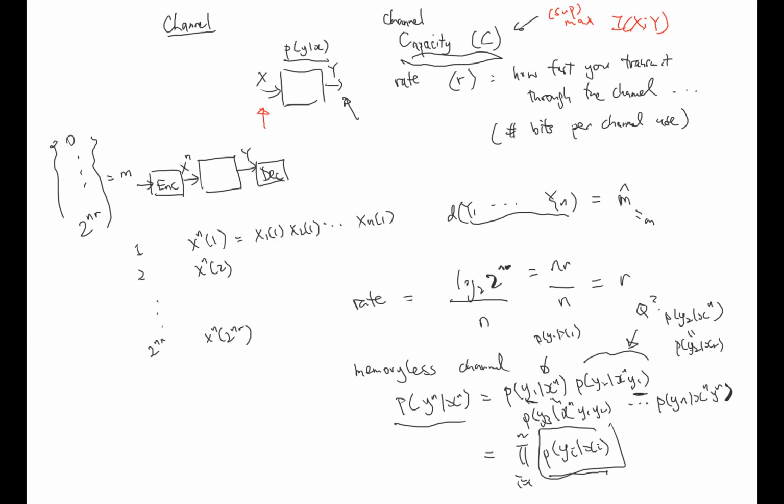But it doesn't matter, maybe we just write maximum over p(x). So you're trying to find the maximum mutual information between X and Y with respect to the input distribution. You have the freedom to pick the input distribution, and you pick the one that maximizes this mutual information.